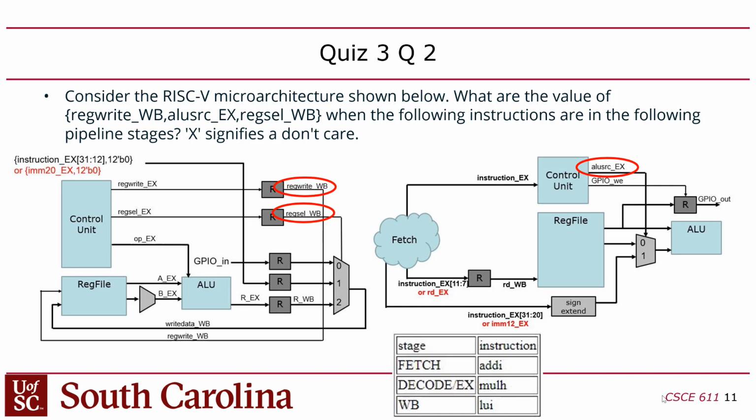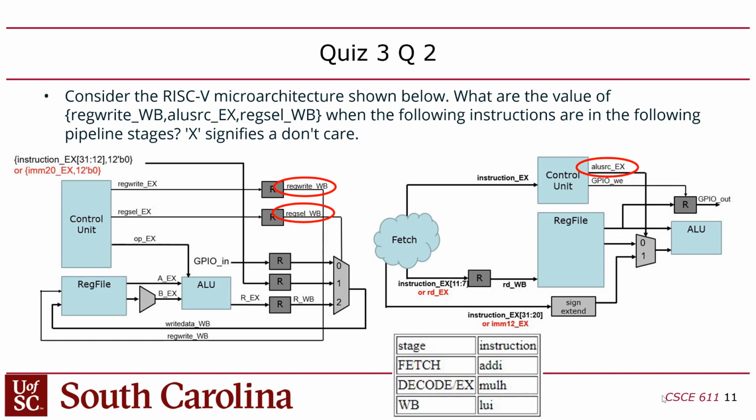So the multiply just multiplies two values from the register file. So that should be whatever it needs to be to get a register, which is a 0, is this input here, right? ALU source should be a 0 for the multiply, because it doesn't use an immediate, it uses two registers, RS1 and RS2.